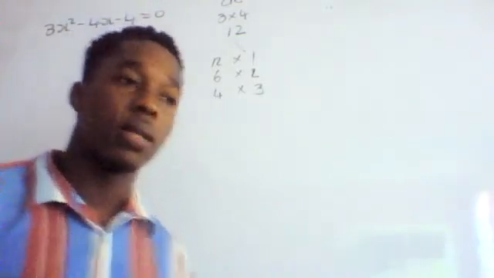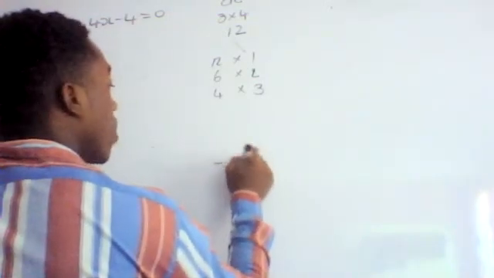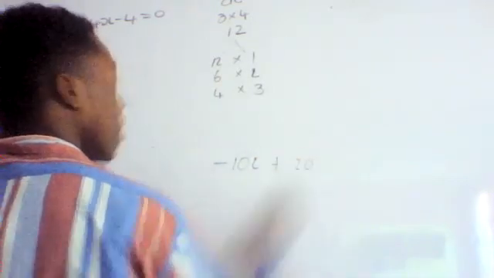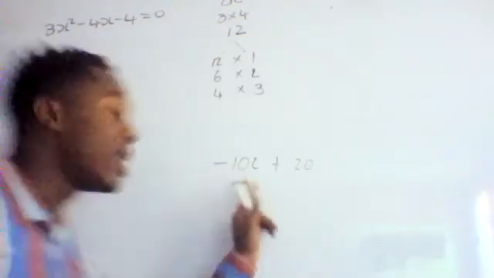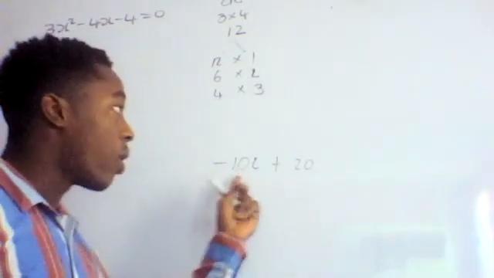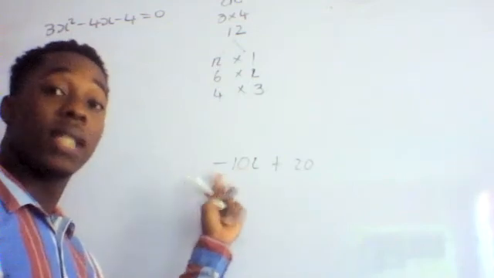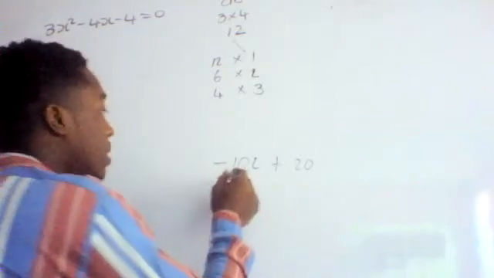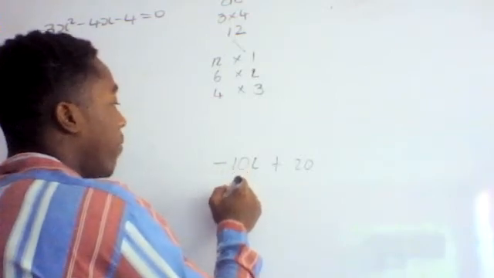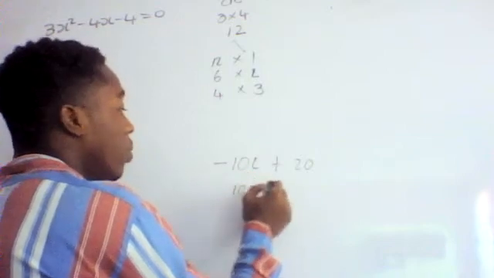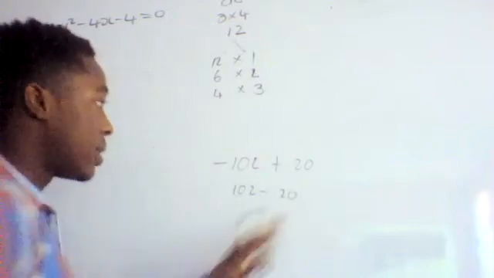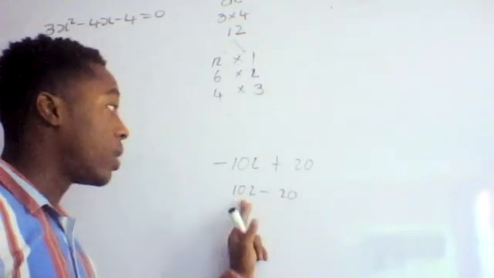Good. So guys, pay attention now. If you have something looking like this, -102 plus let's say 20, your answer is going to stay negative because this 102 has a negative sign and it's larger. So it's going to keep the sign of the larger number. But if you have 102 minus 20, this 20 here is negative and this is 102.